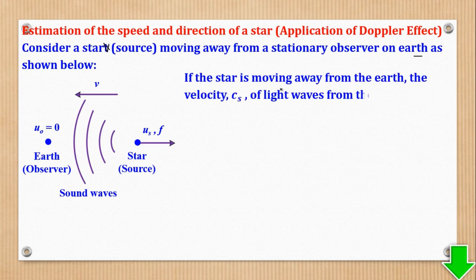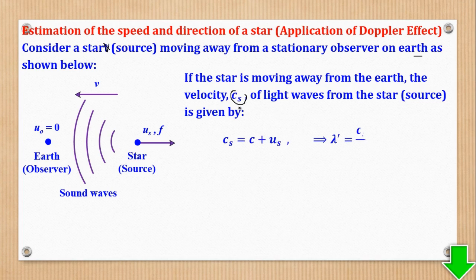So if the star is moving away from the Earth, the velocity Cs of light waves from the star will be given by that formula. So moving away means that the source Vs, which is now Cs, will increase. Therefore, lambda prime will increase.